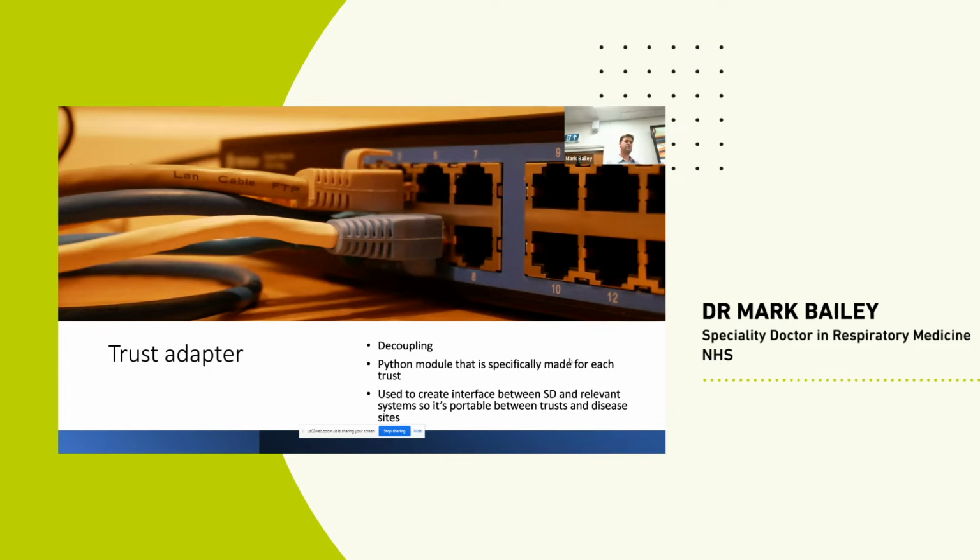And you just change that trust adapter for each trust, which a trust is a set of hospitals, a grouping of hospitals. We've got 219 trusts in the UK, 1,200 hospitals in the UK. And the trust adapter connects Spiritum Duo to potentially any trust. You just need to change that adapter.